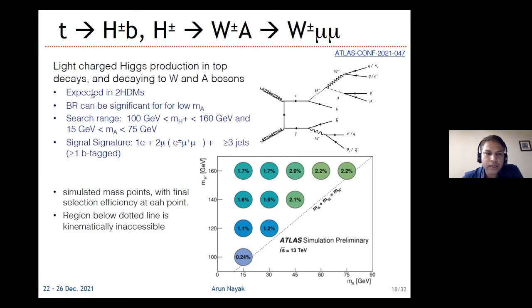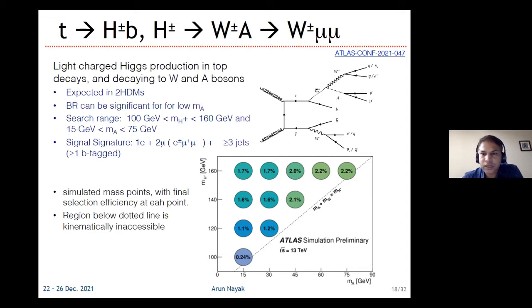This kind of decay is expected in two Higgs doublet models, and the branching fraction can be significant for low values of the A boson mass. The searches are performed for charged Higgs boson mass between 100 GeV and 160 GeV, while considering the mass of the A boson between 15 GeV and 75 GeV.